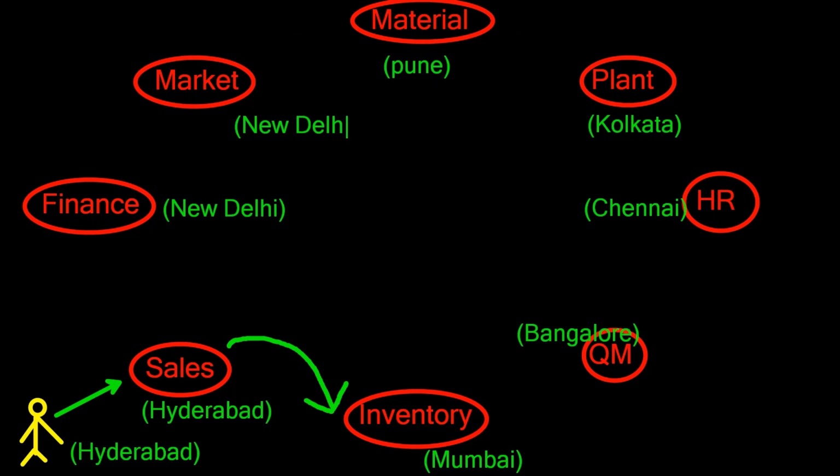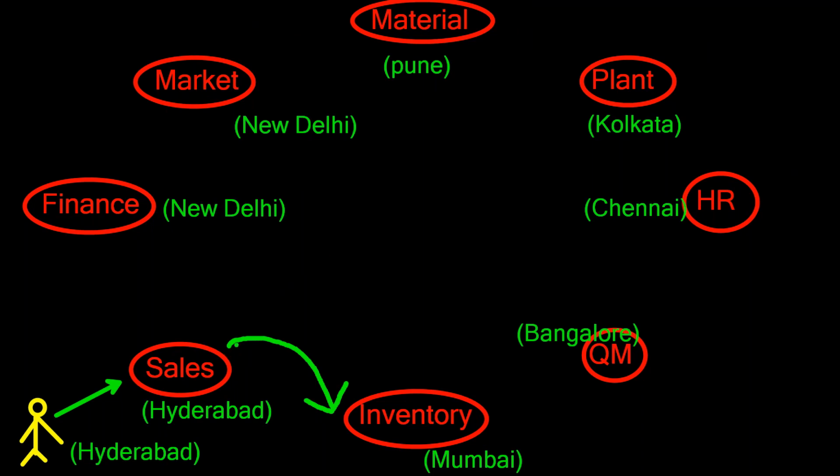The main problem is here. For suppose the sales team in Hyderabad wants to talk to the inventory department because a customer is asking for one of the models in Tata Motors. The inventory department is in Mumbai, the sales department in Hyderabad.